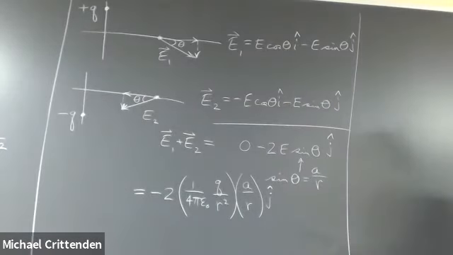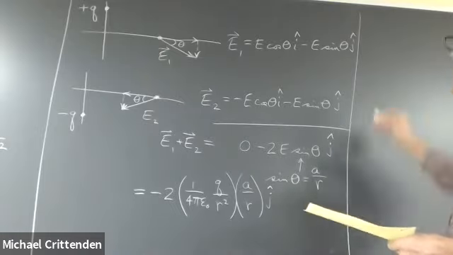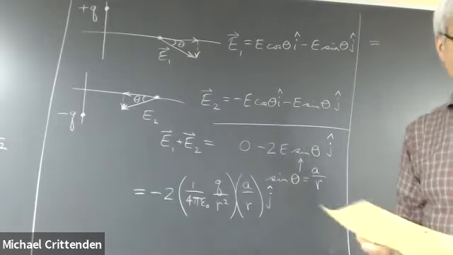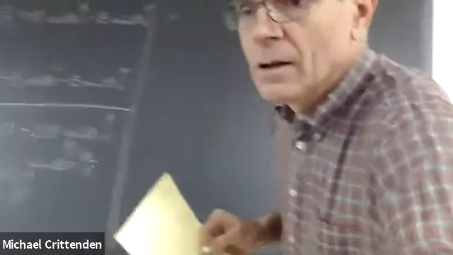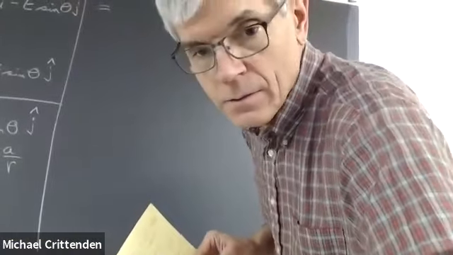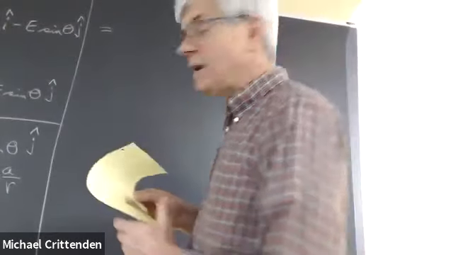Sine of theta is equal to a over r, which simplifies a little bit more into this.